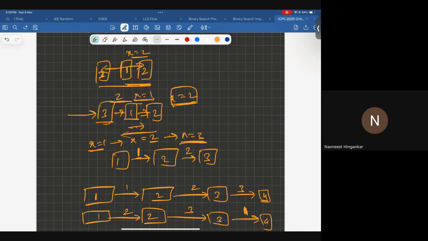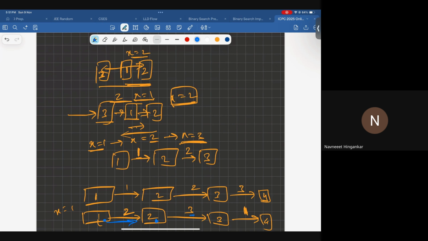So 2 3 1, and the moment I am here, my x is equal to 1. It doesn't matter, x equal to 1, then we can move to 2. This is not equal to 2, so we can move from 1 to 2. We are at 2 now, and my x is still 1.